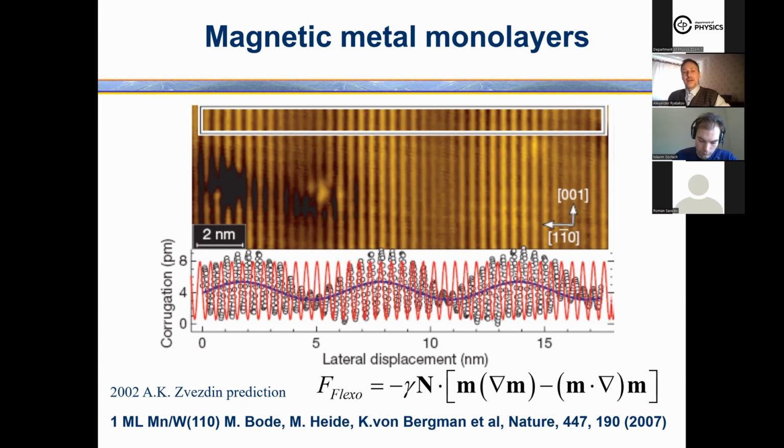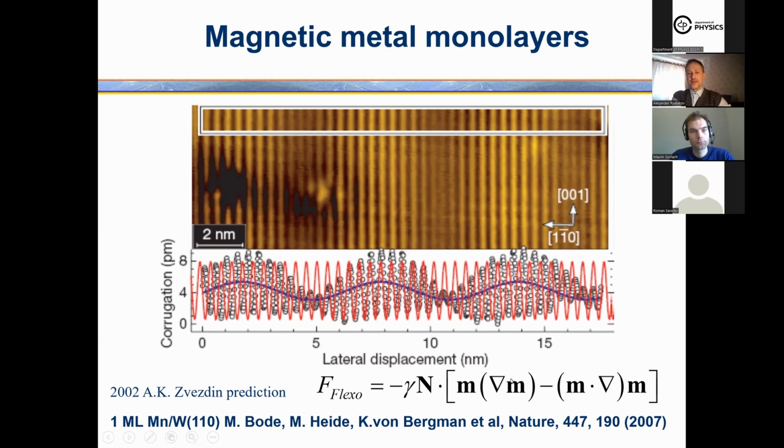But when you make a single monolayer of iron, of course, the electric field is not screened. And in this case, even in the absence of an external electric field, there is some effective field associated with the surface due to the broken bonds of the atoms.